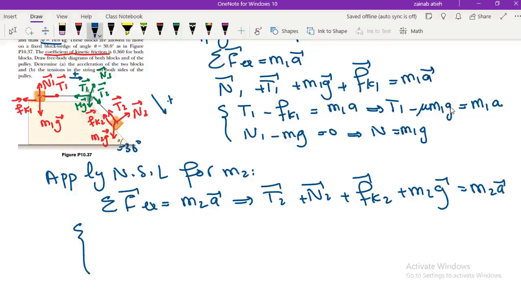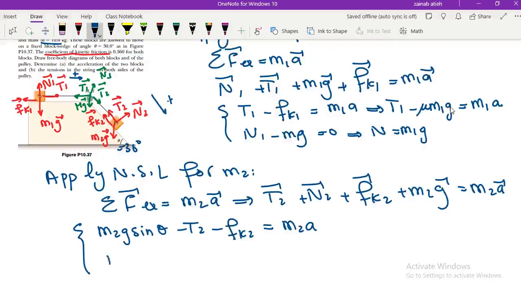Along the x axis I have a part of the mg, which is M2G sin theta, minus T2 minus FK2, equal to M2A.